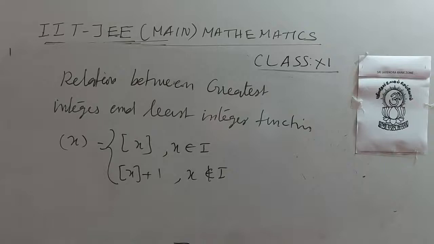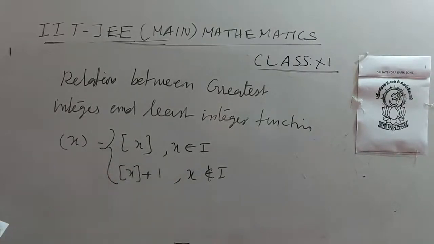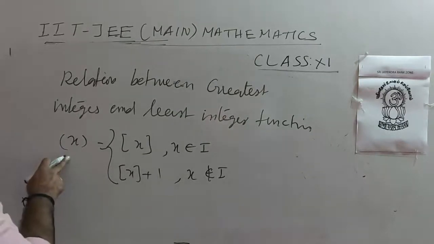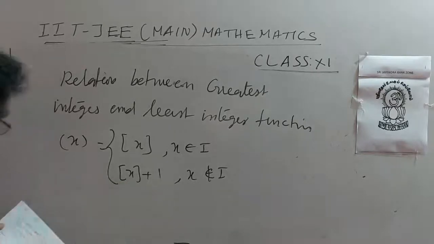If x belongs to integers, both are the same. When x does not belong to integers, the least integer function is equal to the greatest integer function plus 1.